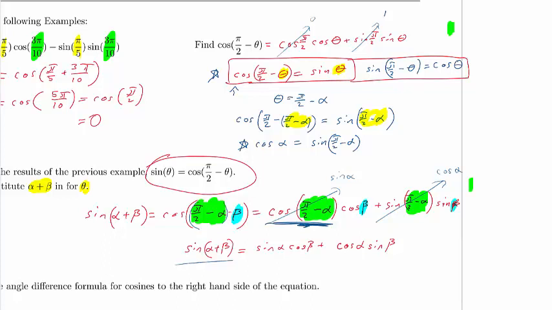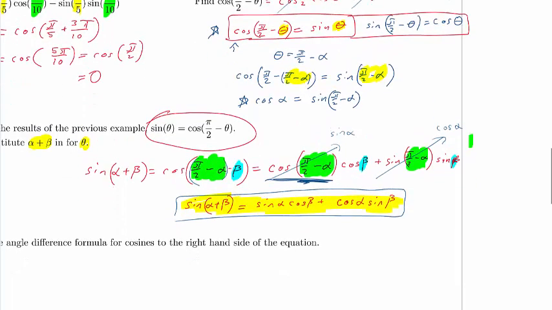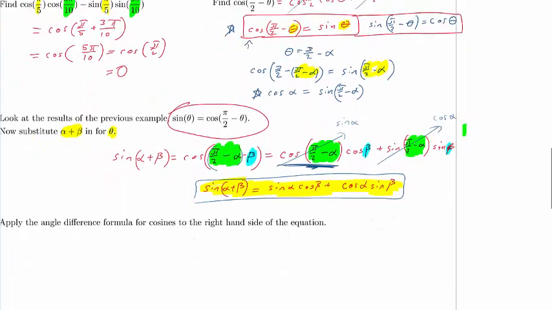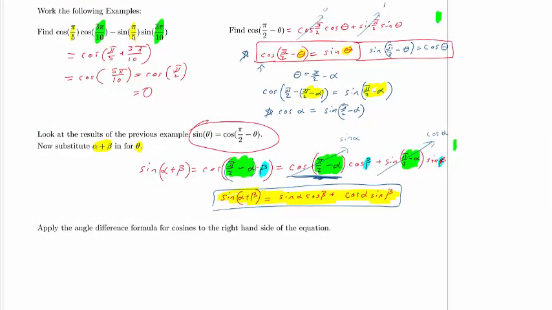All right, and so let's put a box around this one. That one's awesome. A very important one to have under your hat. But we've got the angle sum. It would be nice if we had the angle difference.